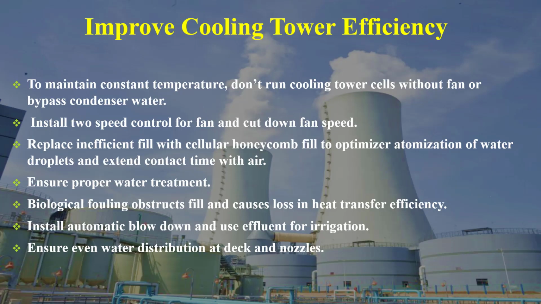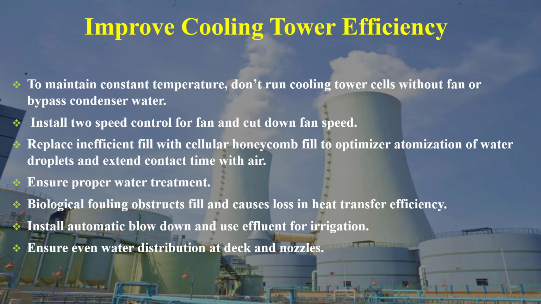Improve cooling tower efficiency. To maintain constant temperature, don't run cooling tower cells without fan or bypass condenser water. Install 2-speed control for fan and cut down fan speed. Replace inefficient fill with cellular honeycomb fill to optimize atomization of water droplets and extend contact time with air.